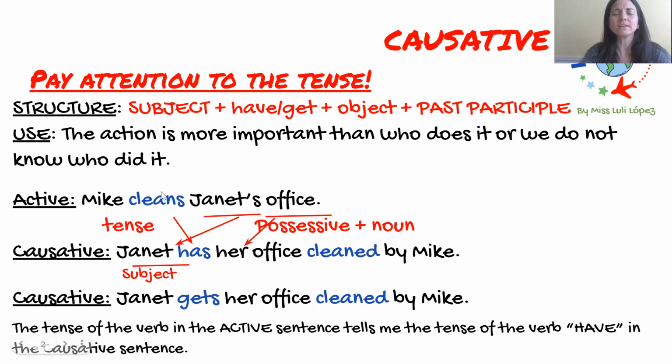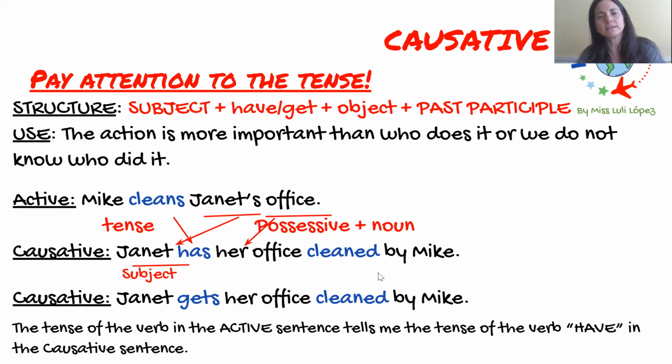Now check that the verb cleans in the active sentence is in simple present. That means that have, or get, is going to be in the simple present. So Jeanette has. Okay, and then what was next to the possessive, in this case the noun office, her office, because we are referring to Jeanette's office, is going to be here, and then the past participle, cleaned.